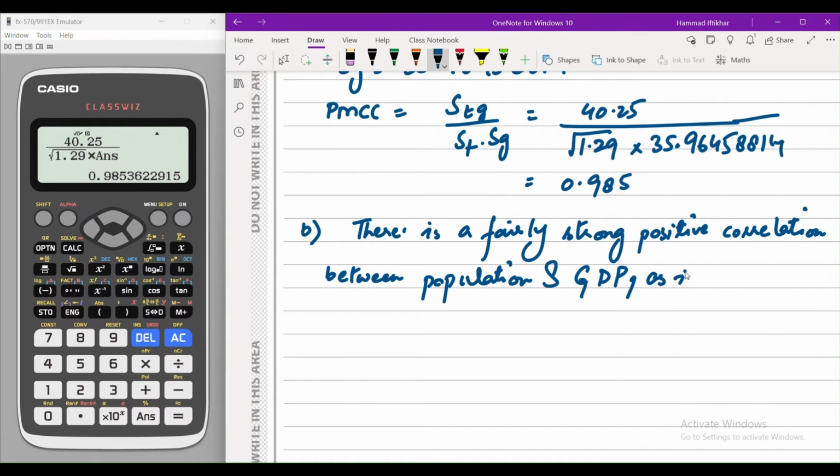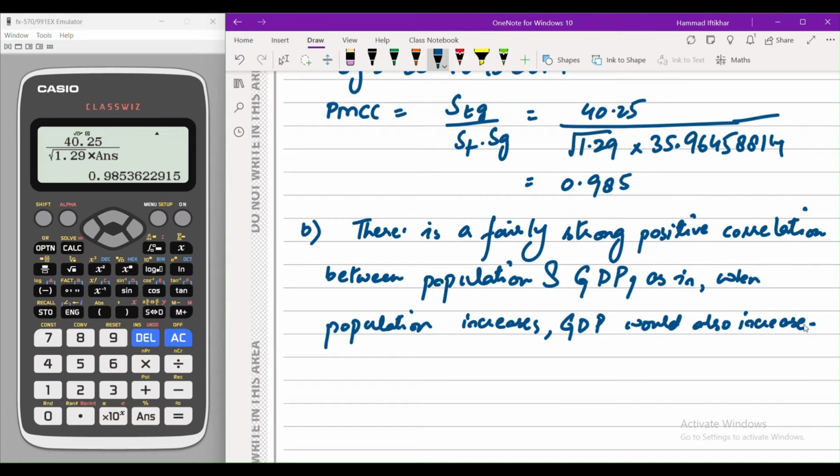As in, when population increases, GDP would also increase.